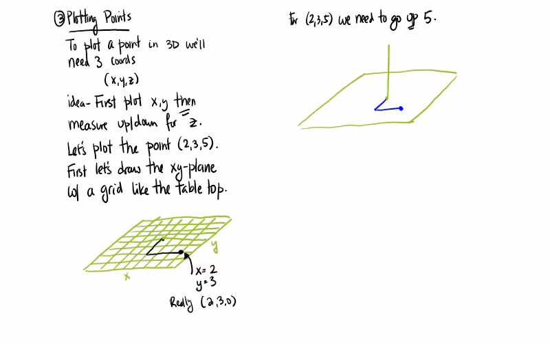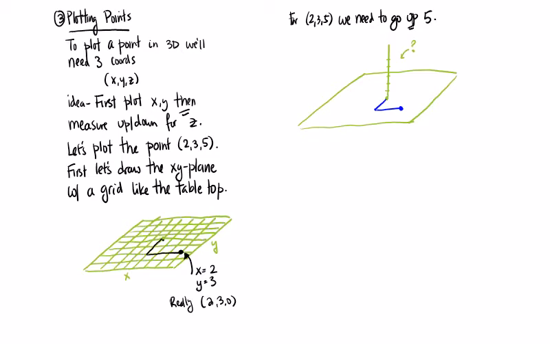I need to get some sort of scale on the z-axis. So for 5 units, I might put tick marks 1, 2, 3, 4, 5. It might be tempting to go straight up to right here. But that actually doesn't work, because there's a sense of perspective going on. So what I need to do is be 5 units above the blue point.